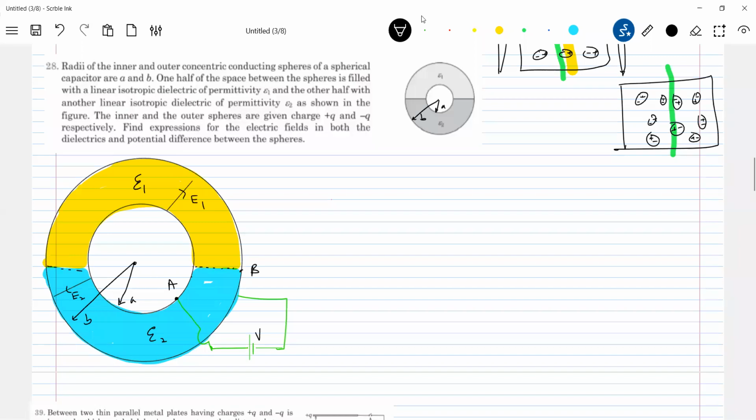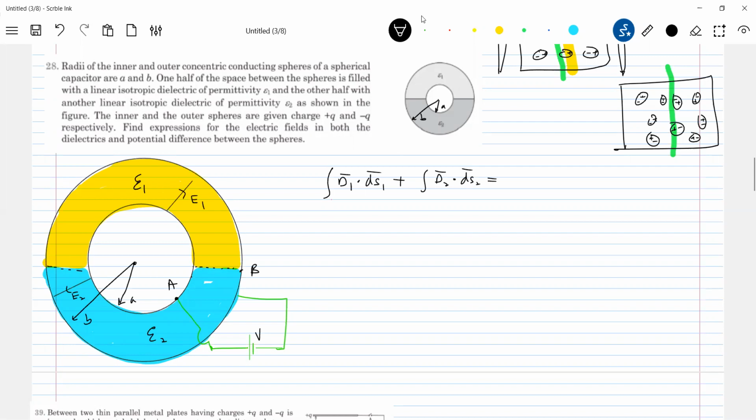So I'll define the displacement vector in both the regions. So this should be equal to the closed integral of D1 ds1 bar plus D2 ds2 bar is equal to the net charge.